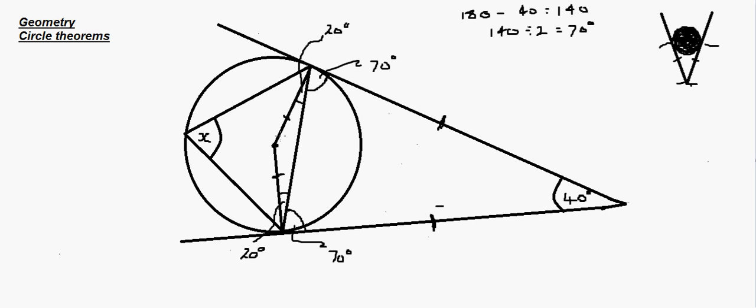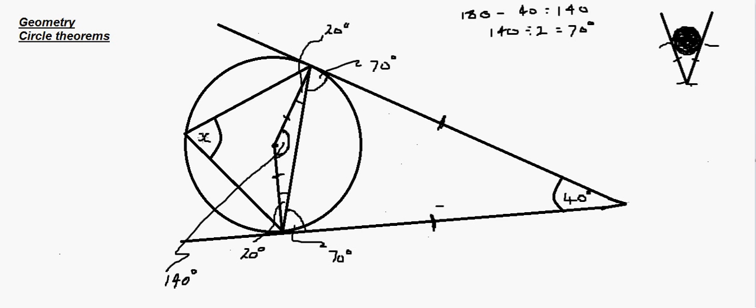So this angle here is going to be 180 less the 20 less the 20. So 180 less the 40 means that this angle here is going to be 140 degrees. So now we know this is 140 degrees.